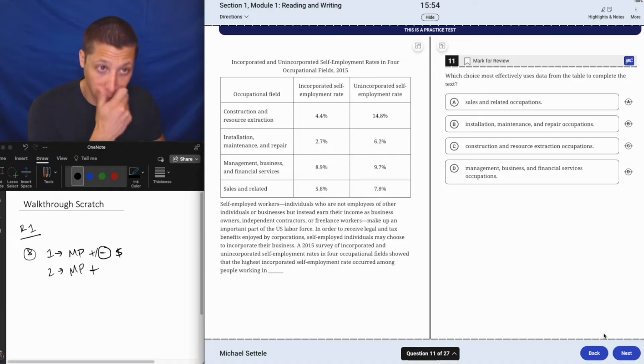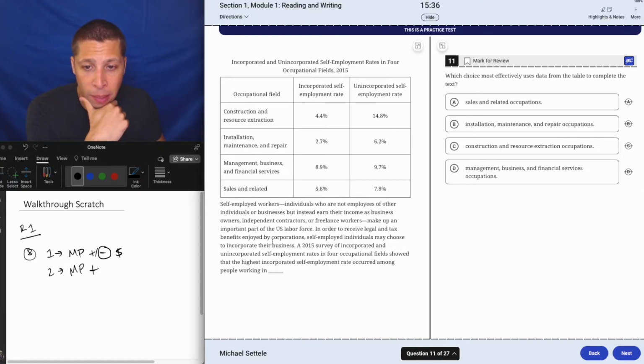11. All right, so this is probably an easy one because the choices are so short. Anytime I see these, there's a lot going on, but let's take a look. So I'm going to read the passage quickly. Self-employed workers, individuals who are not employees of other individuals or businesses, make up an important part of the youth labor force.